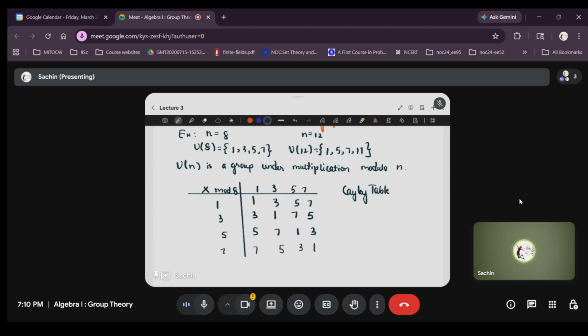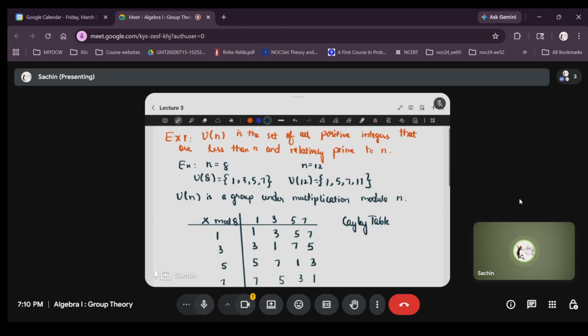So 1 is its own inverse. Similarly, 3 times 3 is 1. Of course, 1 is the identity element in this group. 5 times 5 is 1, so 5 is its own inverse. And 7 times 7 is 1, so 7 is the inverse of 7. So this will be a group for every n.